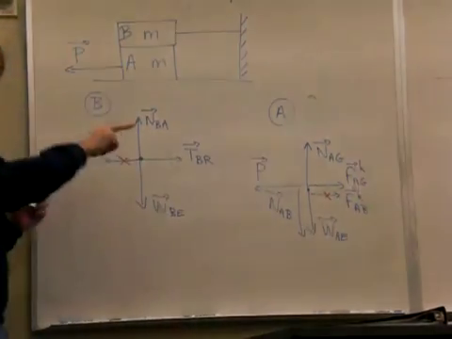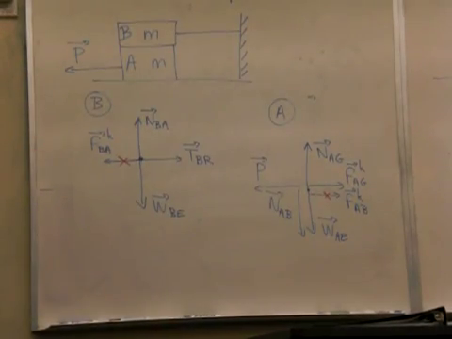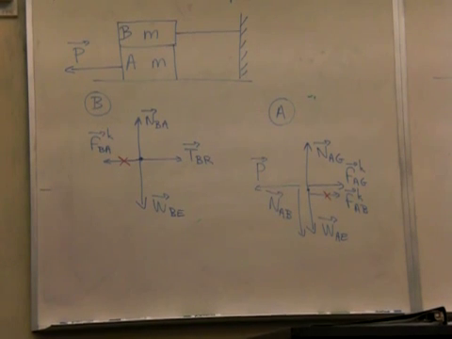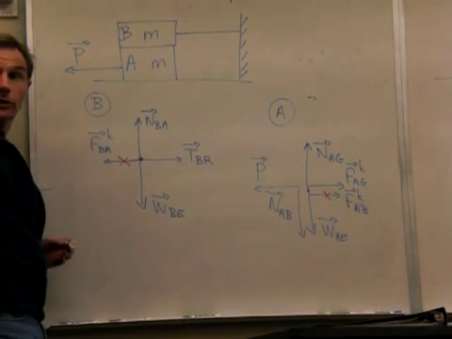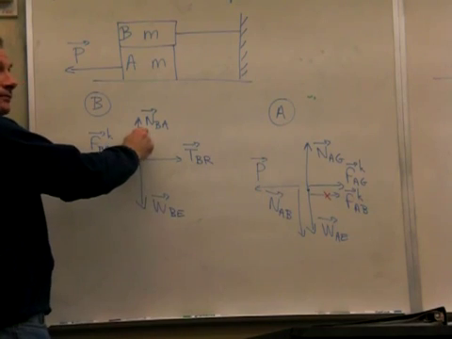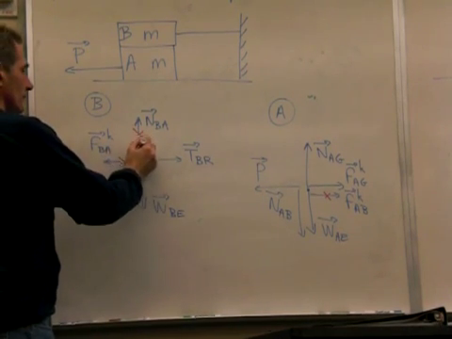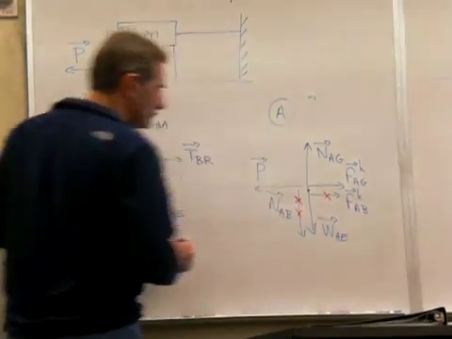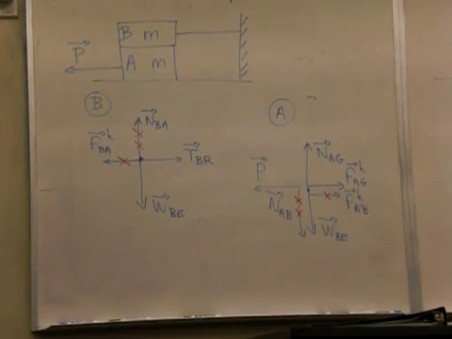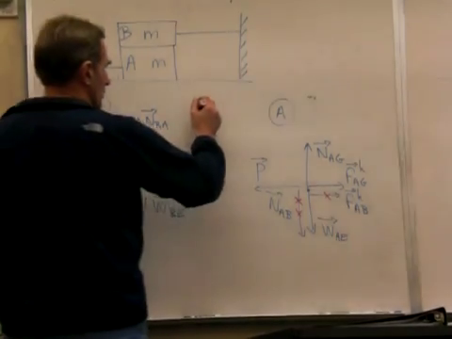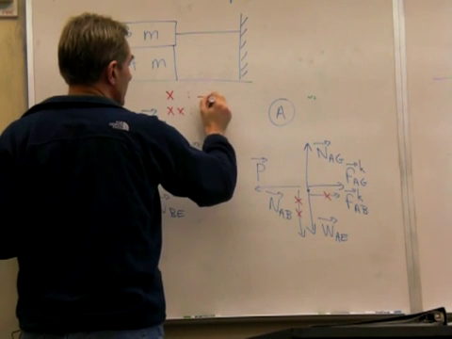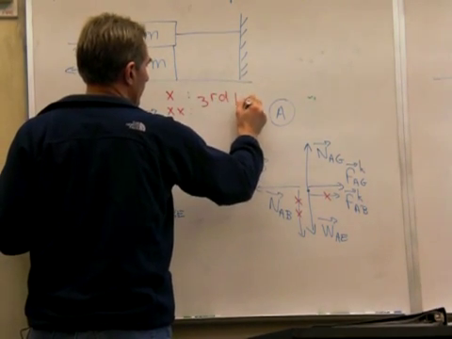You can see that they are related, but they are not on the same free body diagram. That's what we said yesterday. We have also, as you said, Declan, N BA and N AB. So these are third law pairs.